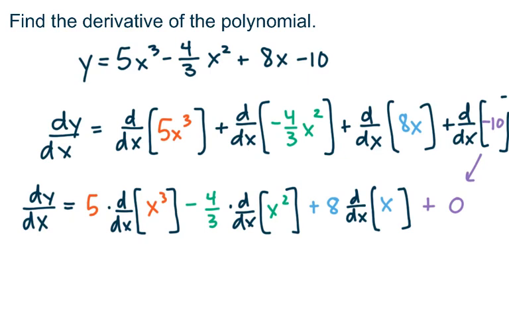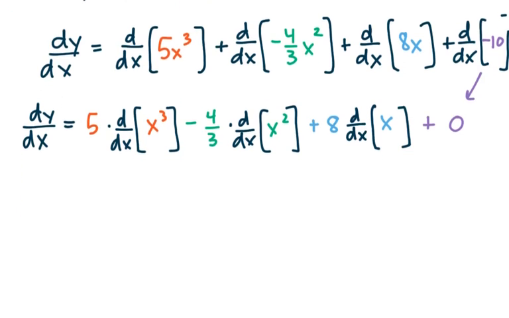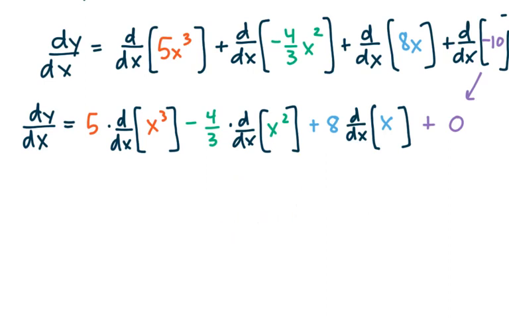So now I have to use my power rule 1, 2, 3 times. And my power rule, remember, says the derivative with respect to x of x to the n is n times x to the n minus 1. So I'm going to use that rule 3 times.